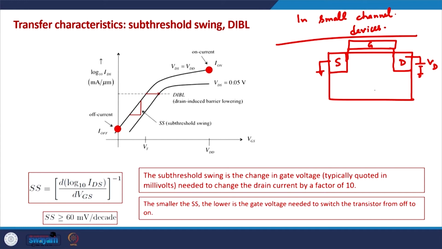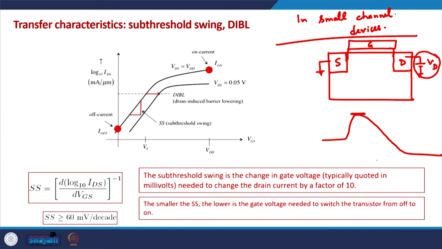This is how the barrier actually looks like in this device. So, it used to happen in long channel devices that this barrier height was shielded from the voltage applied on the drain terminal.